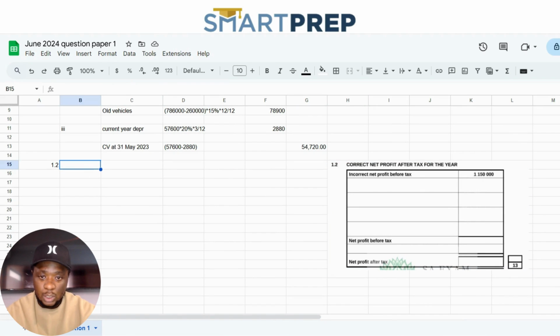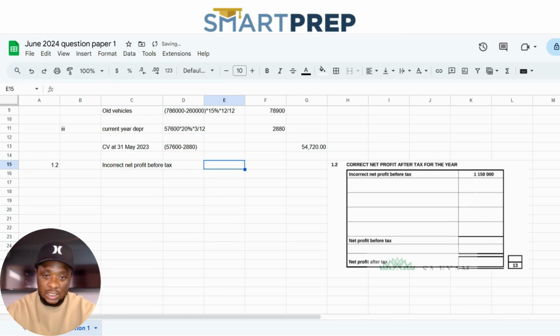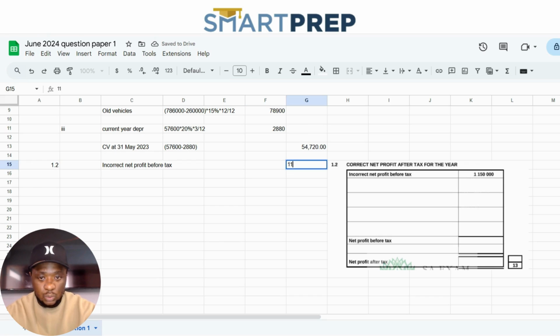So what are we given here? We're given the incorrect net profit before tax. So what is that incorrect net profit before tax? It is 1,150,000.